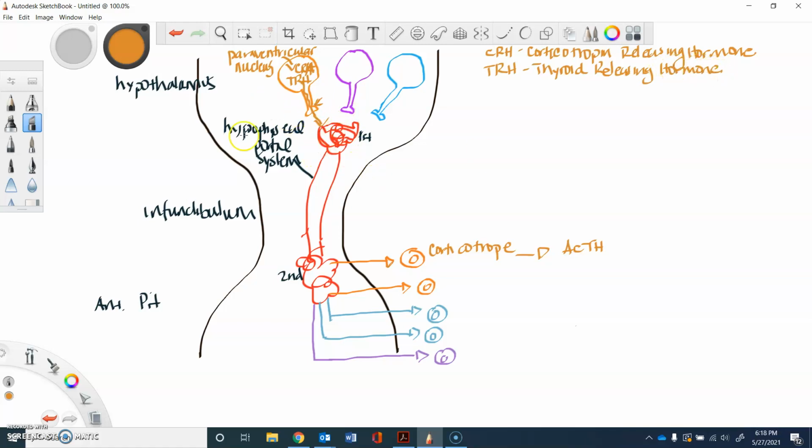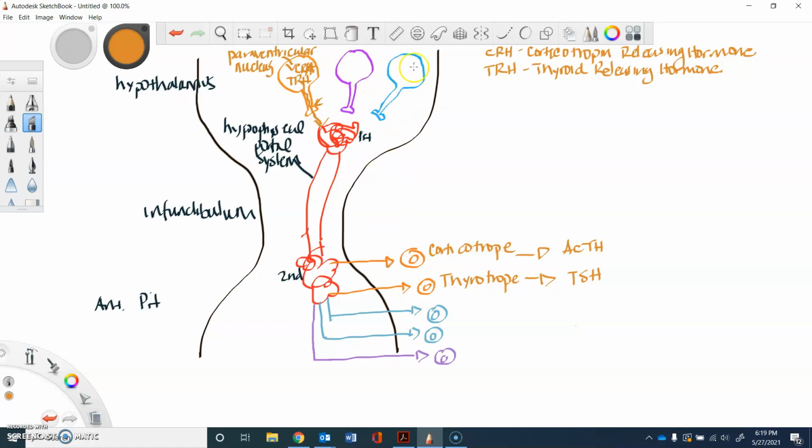And it is released into that first capillary bed, travels down here to the second one, and it will target a cell called a thyrotrope. That thyrotrope will release TSH, thyroid stimulating hormone.